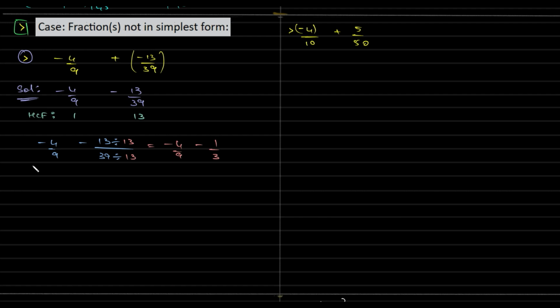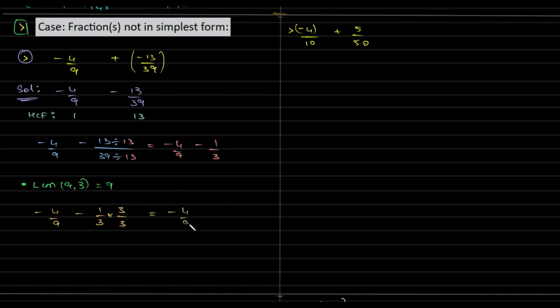What is the LCM? LCM between 9 and 3, that is 9. So we have to convert both the fractions to the respective denominator. Well, in this case it's both 9, so this is already 9, and this too, this has to be converted by multiplying with what? 3 and 3.